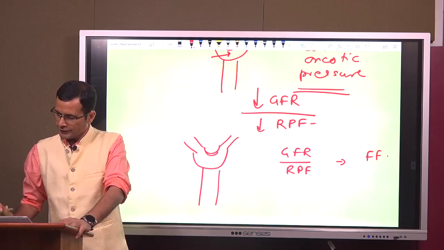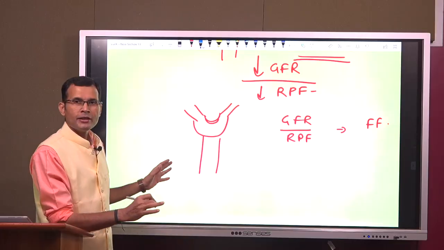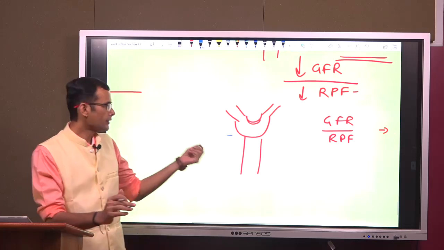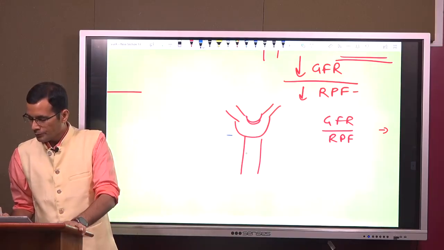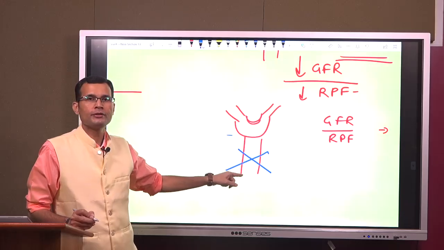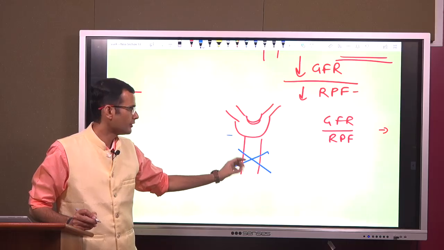In nephrolithiasis, what happens is those renal stones or crystals will decrease the flow of tubular fluids.